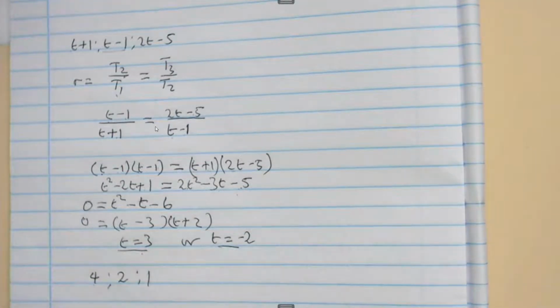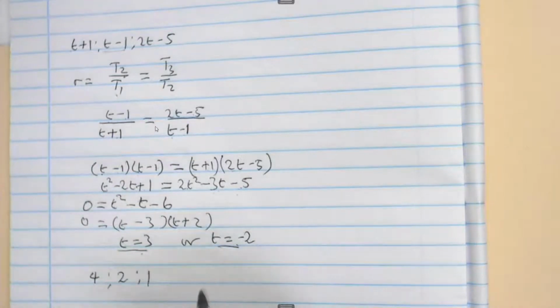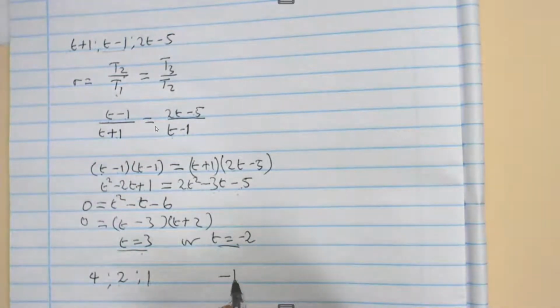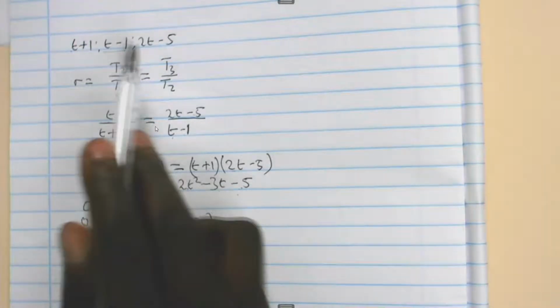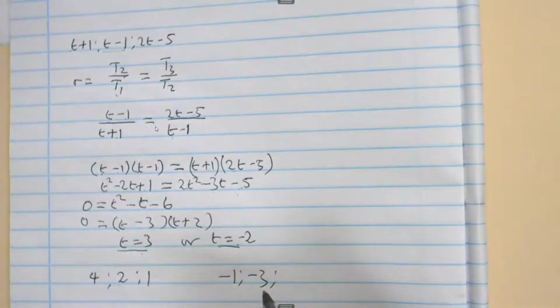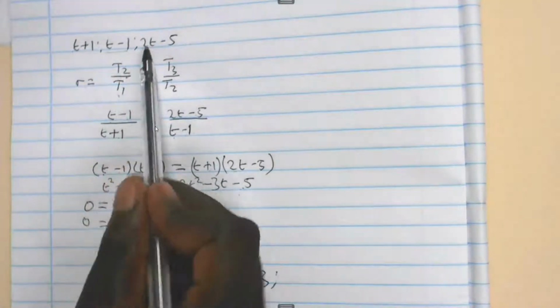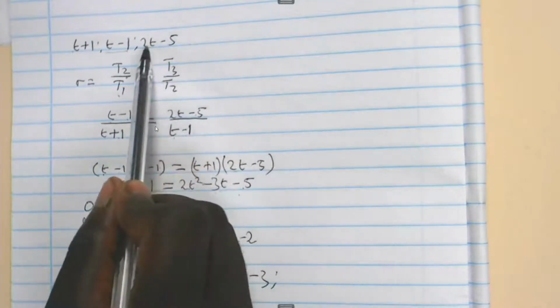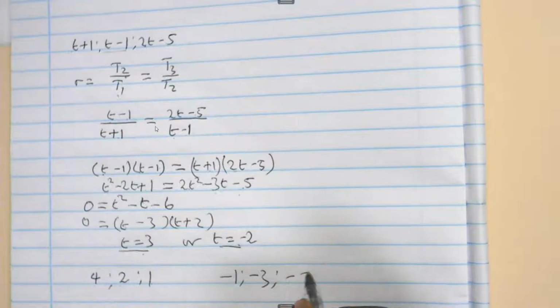Then let's check with negative 2. If we substitute negative 2 there, we are going to have negative 2 plus 1, that would give us negative 1. And then the second term, negative 2 minus 1, that would give us negative 3. And then the last term, we are going to have 2 multiplied by negative 2, which is negative 4. Negative 4 minus 5, which is negative 9.